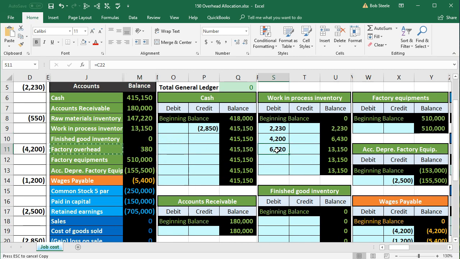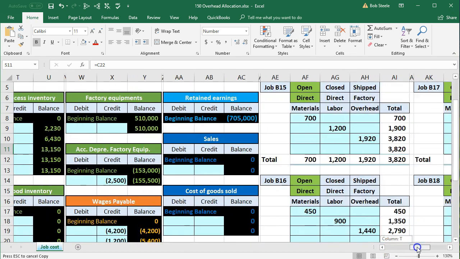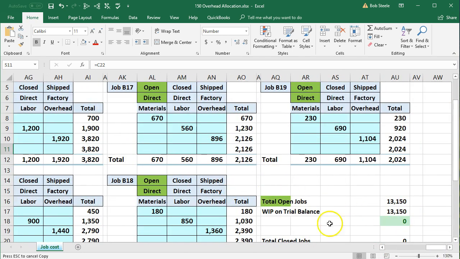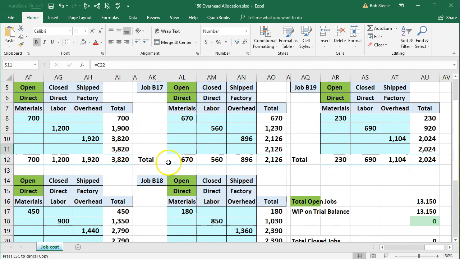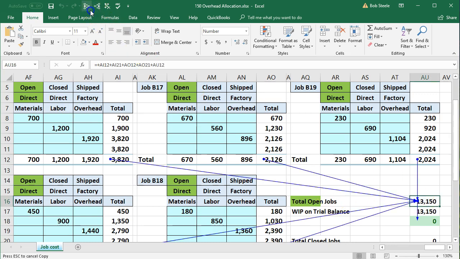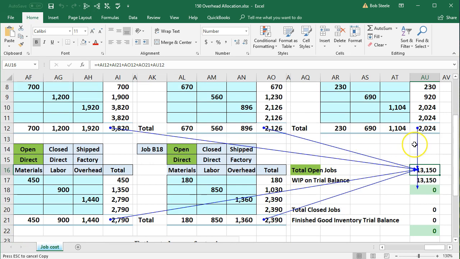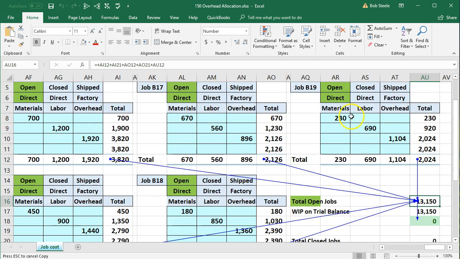And when we did so, we can back this up by the detail in the general ledger, and we can also support it with the jobs. So the jobs now being basically complete in that they have direct materials, direct labor, and factory overhead, if we add up all the jobs, they consist of these jobs, including direct materials, direct labor, and overhead for each.